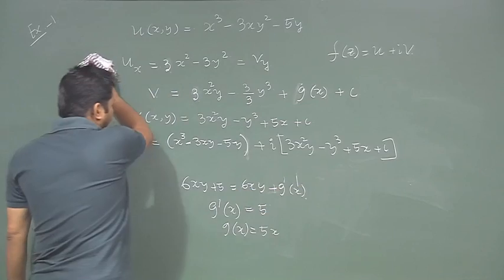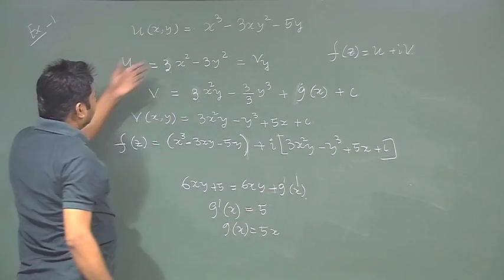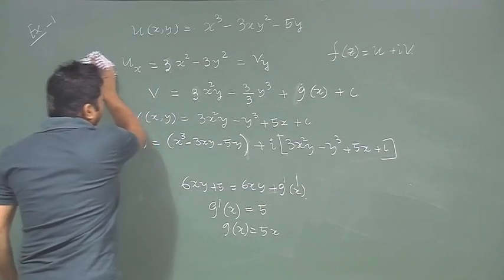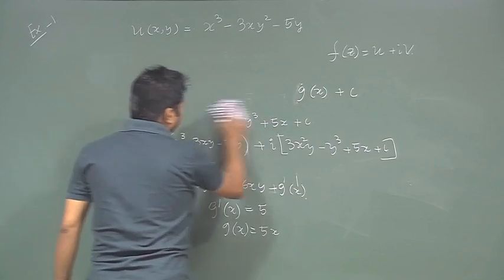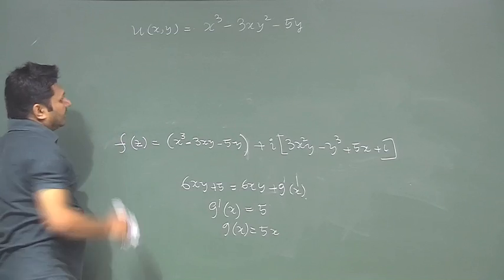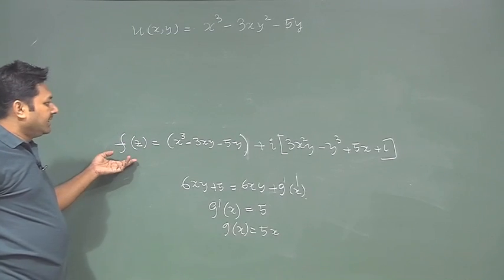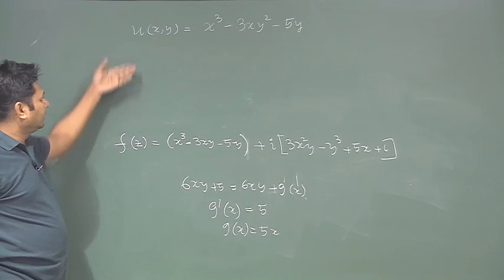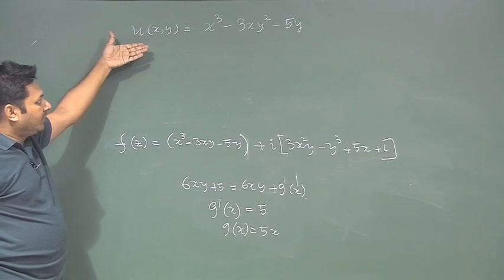Now, another thing is whether the given u is harmonic or not, because, as I mentioned, if the function is analytic and follows the Cauchy-Riemann equation, then whatever u I am getting should be harmonic in nature.